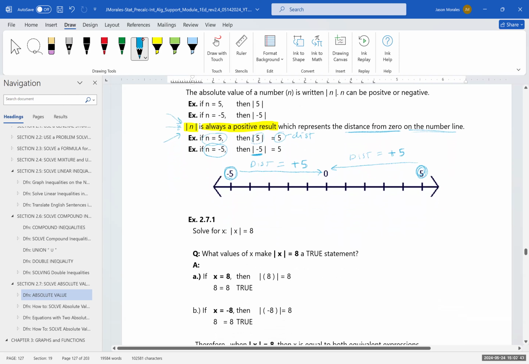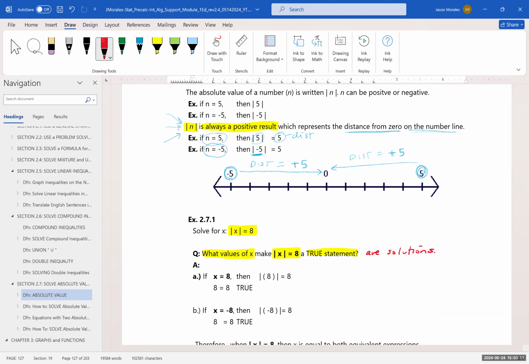So this example also shows how you can get solutions to an absolute value equation. Here we have an absolute value equation. What values of x make this equation a true statement? What we mean by a true statement is, what values of x are solutions to this absolute value equation?